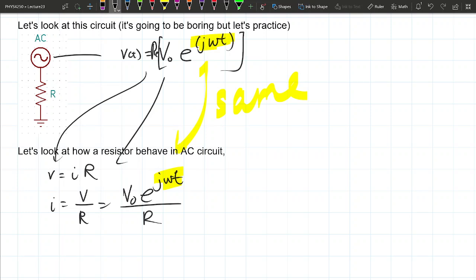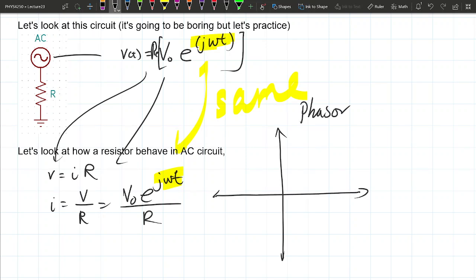And I think those of you who took general physics recently are getting to where I'm alluding to. If I draw this, this is known as a phasor diagram. Anyone remember that?